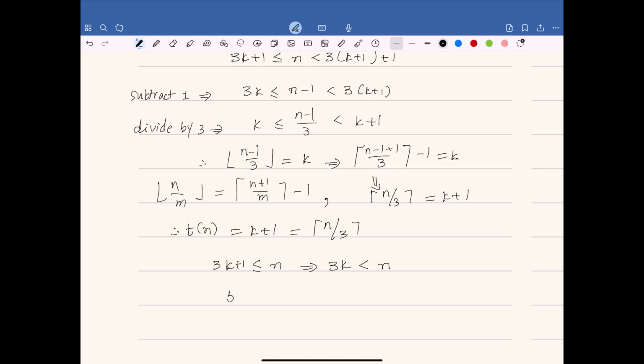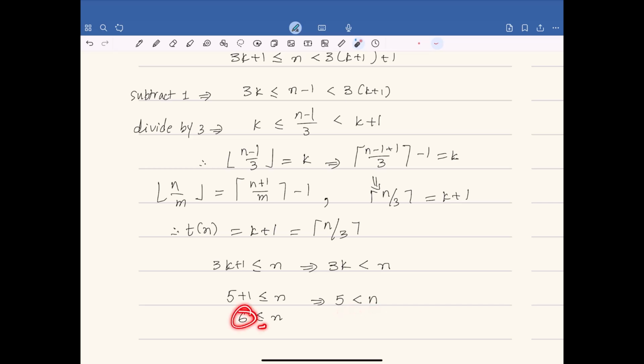Suppose we have 5 plus 1 less than or equal to n. Basically, this is 6 less than or equal to n. Now, on the other hand, if you remove 1, then what you will get is 5 less than n. But notice that these two inequalities will not be equal if n is not an integer. If n is an integer, it is fine, because the next value of n that is greater than 5 will be 6.